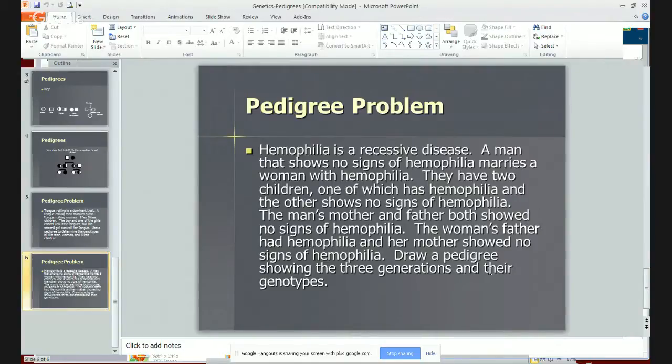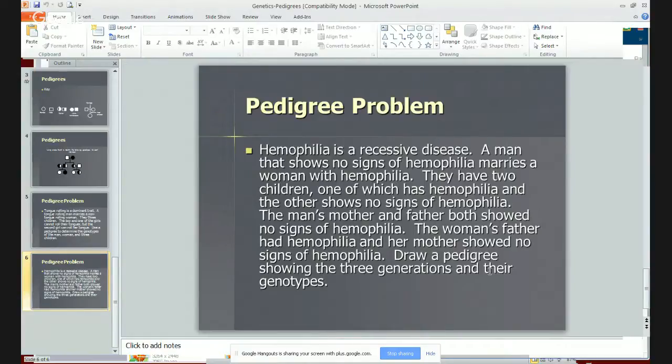All right, the woman's father had hemophilia. So draw her parents above her, color dad in, and give him little h because he had hemophilia. And mom showed no signs of hemophilia.